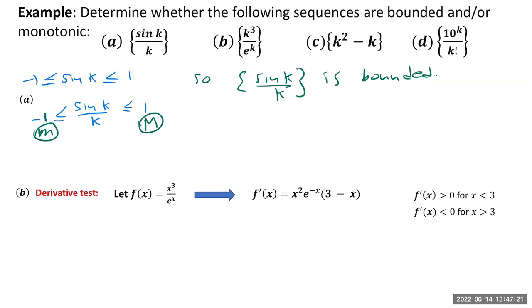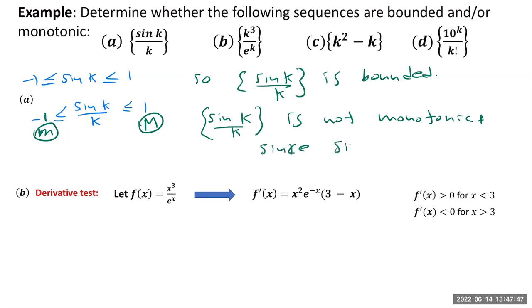If it is monotonic, either it should be going up or it should be going down, right? So it's not monotonic. Sine k over k is not monotonic since sine k changes the sign.